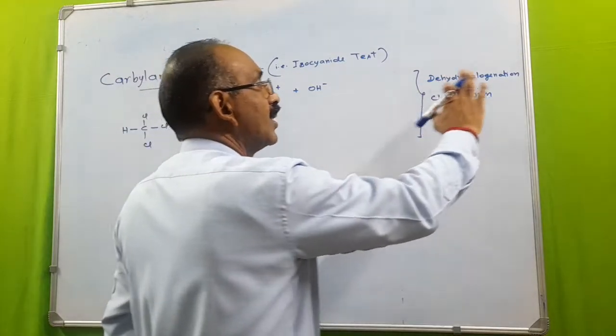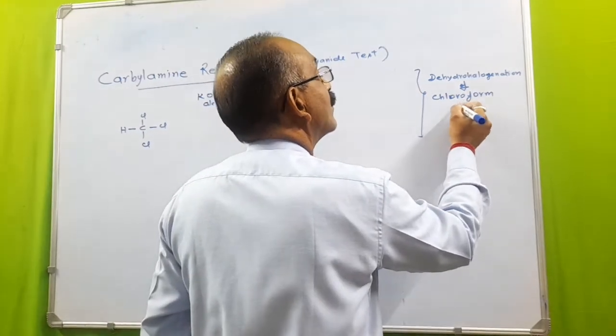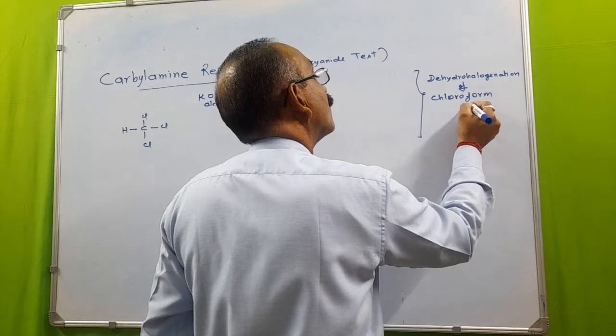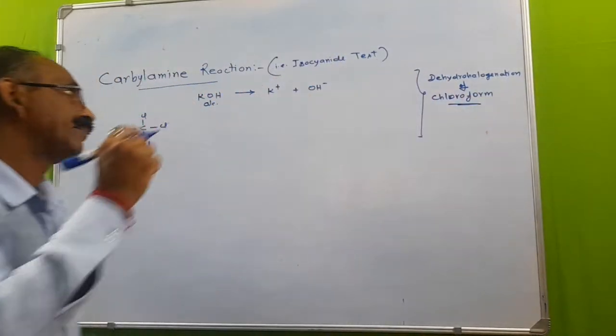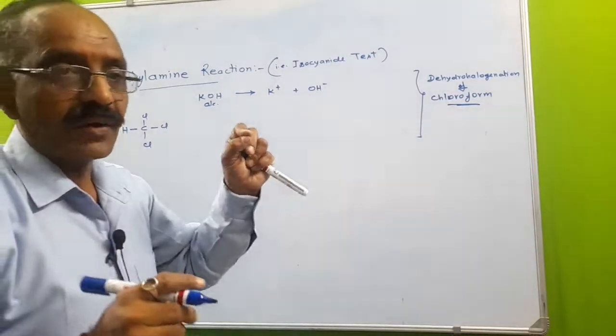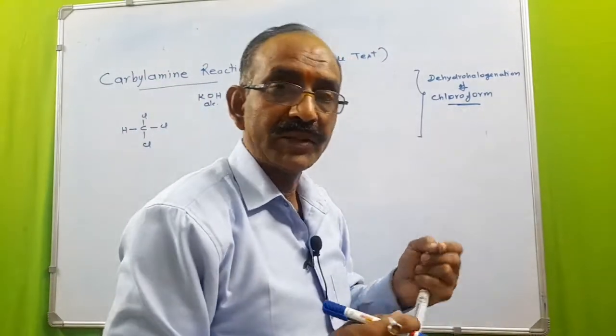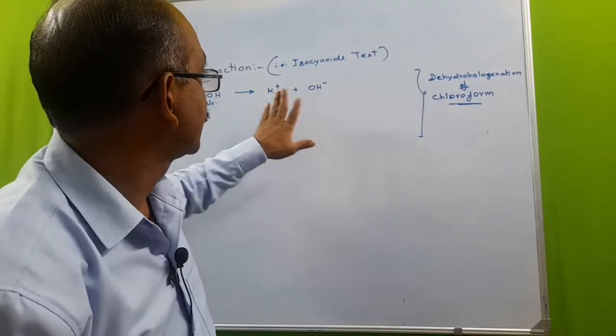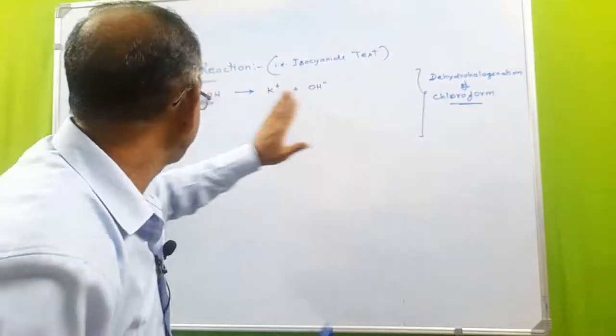So dehydrohalogenation of chloroform takes place. And as we know, for the purpose of dehydrohalogenation, alcoholic KOH is taken.